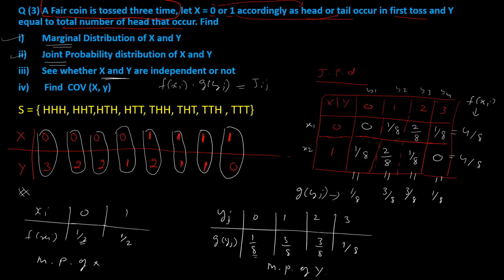So I will take 1 by 2, that is f of x1, and g of y1 also, into 1 by 8. So value is coming 1 by 16, but it is not equal to j11 because j11 is 0. So this is not equal to j11. So they are not independent.